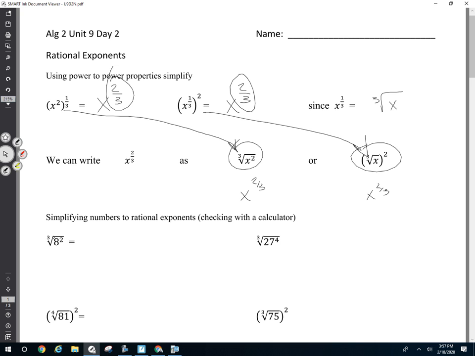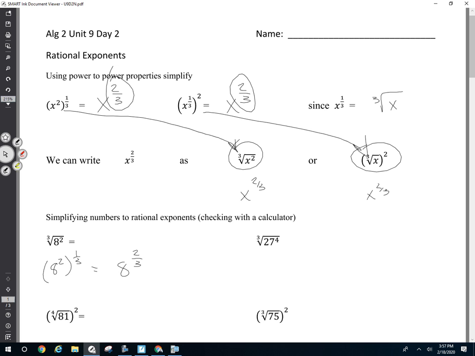Now, if a cubed root is a 1/3 power, and I want to find 8 squared cube rooted, I actually can just write this as 8 to the 2/3. Okay? I can.